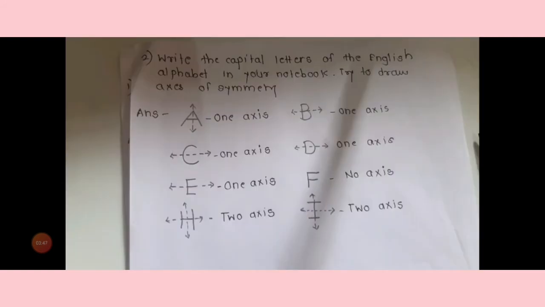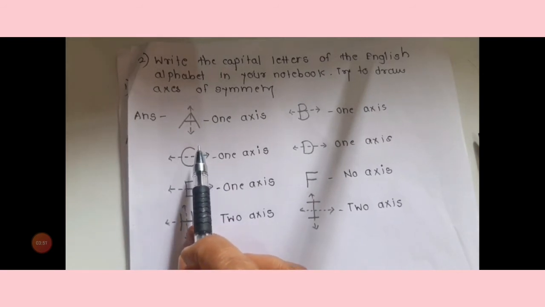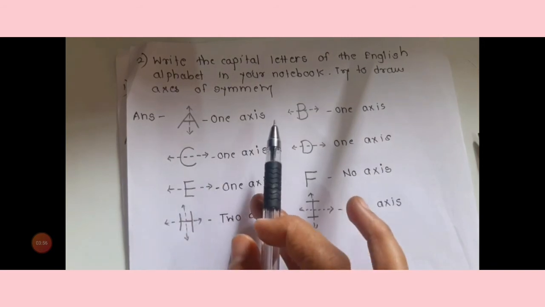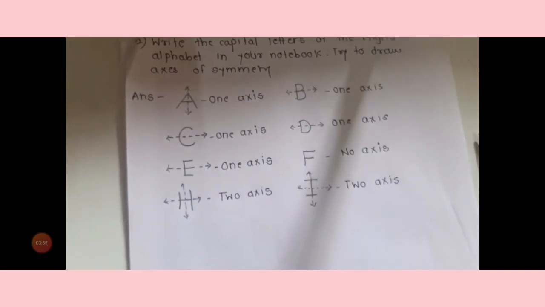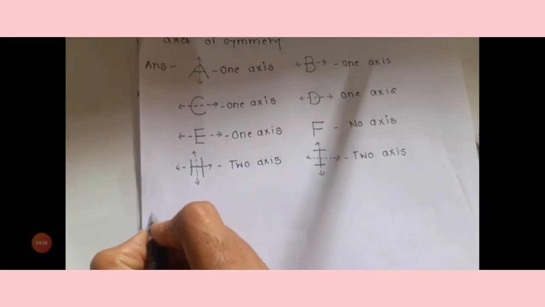A has one axis, B has one, C, D, E, H has two, I has two, K has one, M has one, O has two, T 1, U 1, V 1, W 1, X 2. So in this way you will write your answer. You will draw the alphabets in your notebook. A has one axis of symmetry. In this way you will show the axis.